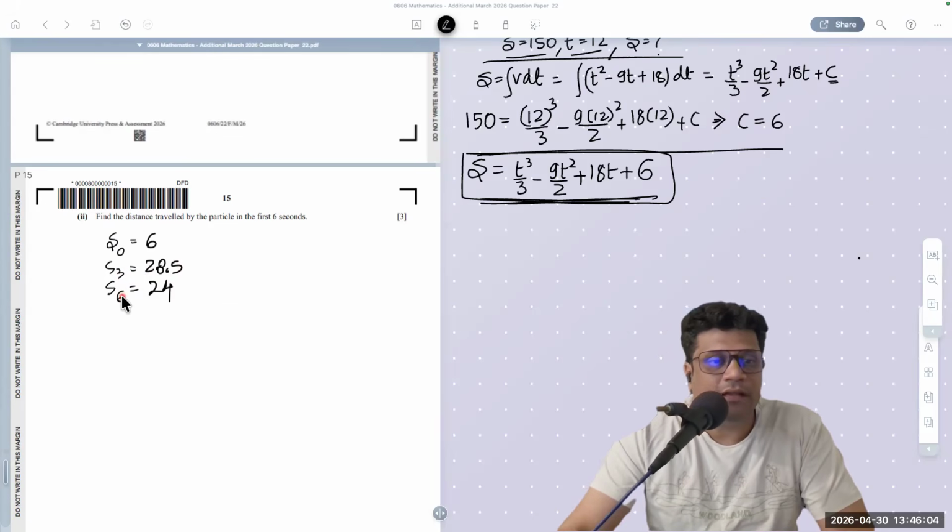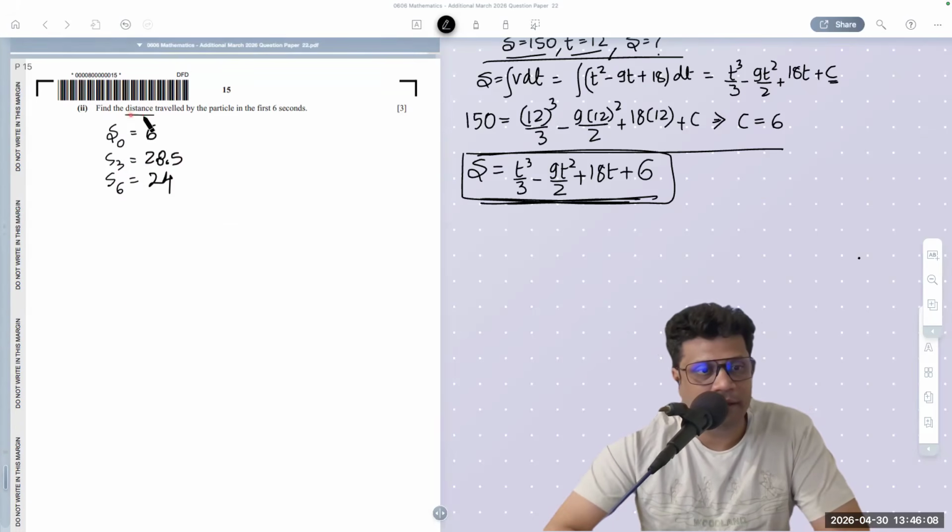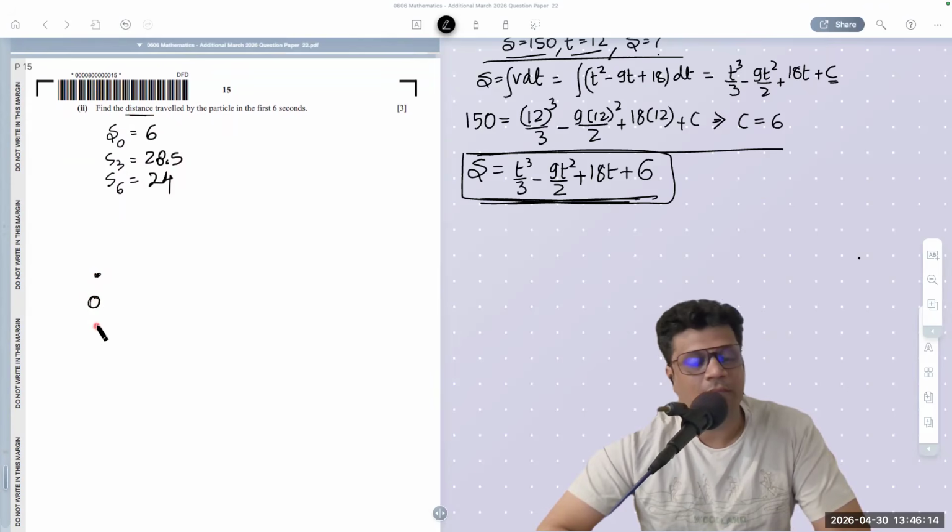Okay, let's draw the situation to find out the distance. Well, this is where I'm going to measure the displacements from. When time was 0, the particle was 6 meters away.